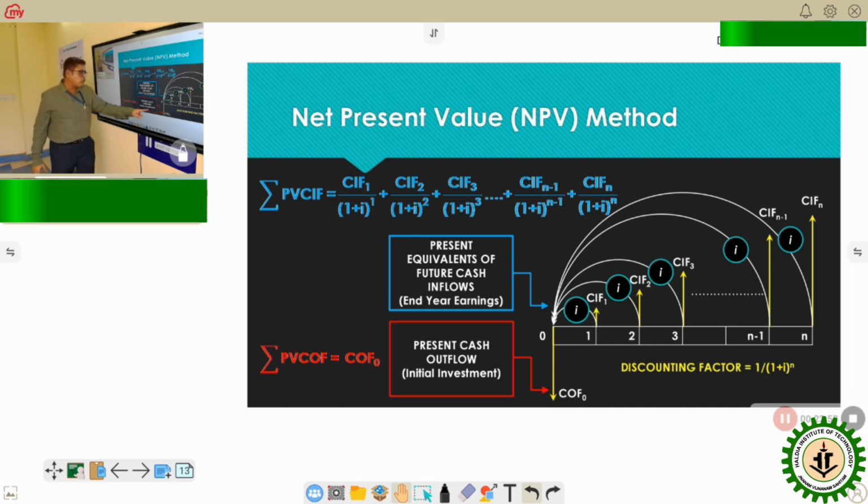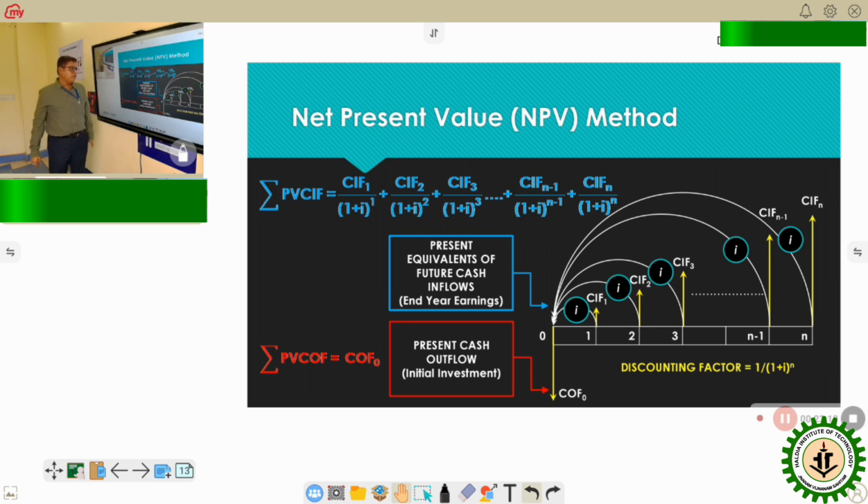Now this needs to be compared with the present equivalent of all future cash flows, so that we can come to a conclusion whether this investment is financially viable or profitable.